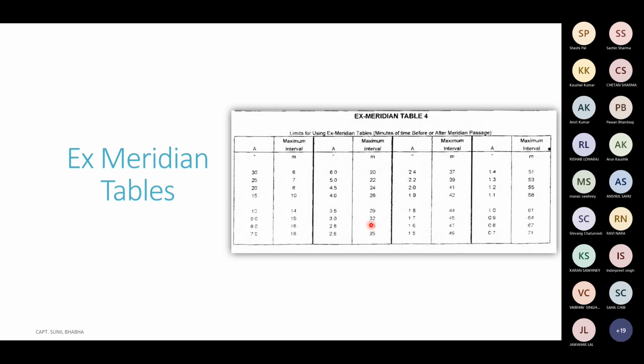This method will give us substantial errors, and we should not be using this method then. In this case, we should be using the intercept method instead. So this is how we determine the X meridian limit for a particular body and for a particular observer.